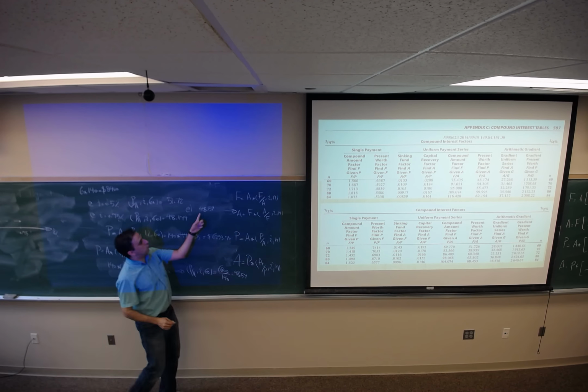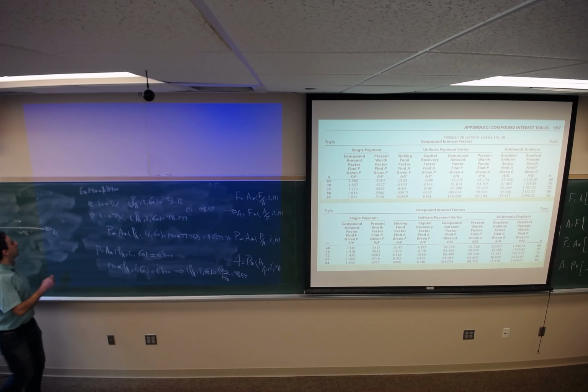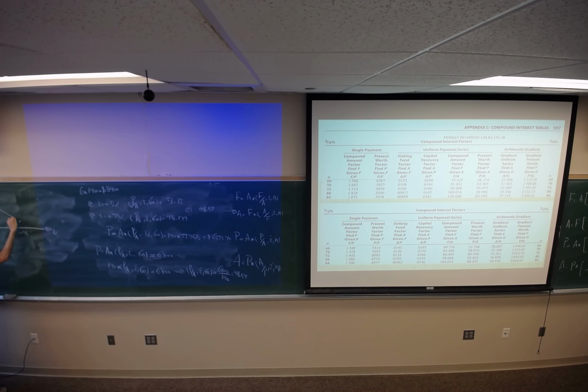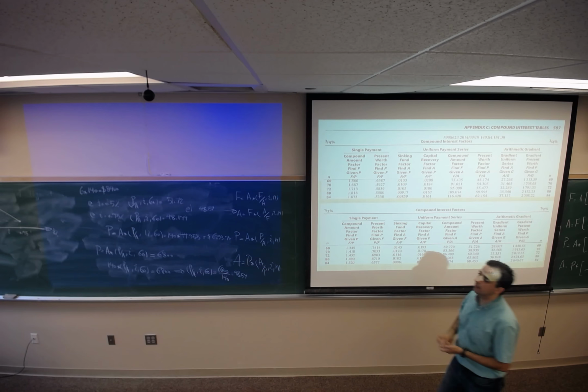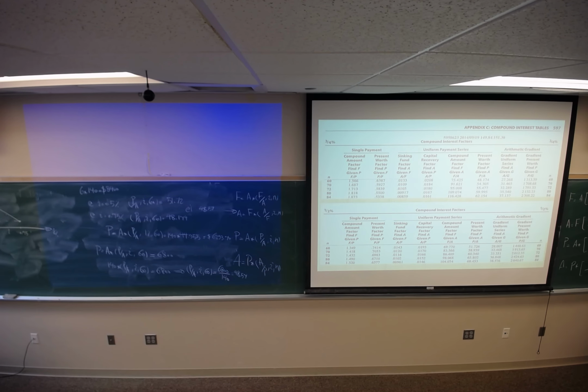And your desired P over A is 48.57, somewhere here. Connect these two, it's going to give you a line. You are looking for this i. This i has the value of 48.57, which is the interest rate that you are looking for.